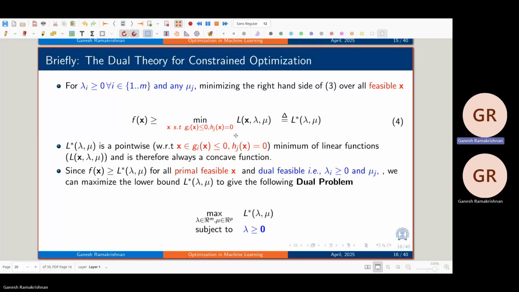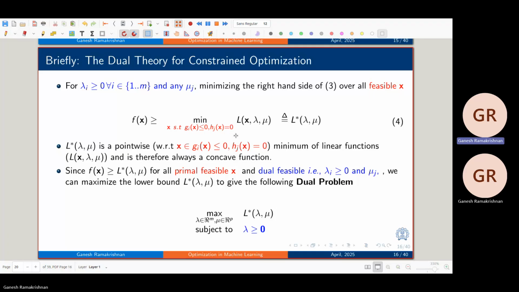Did we make any assumption on the primal function f? Did we make a convexity assumption anywhere? No, right? Without any assumptions, L star is always concave. That's an interesting observation. We have got concavity at a small price: the price is that there is an inequality.